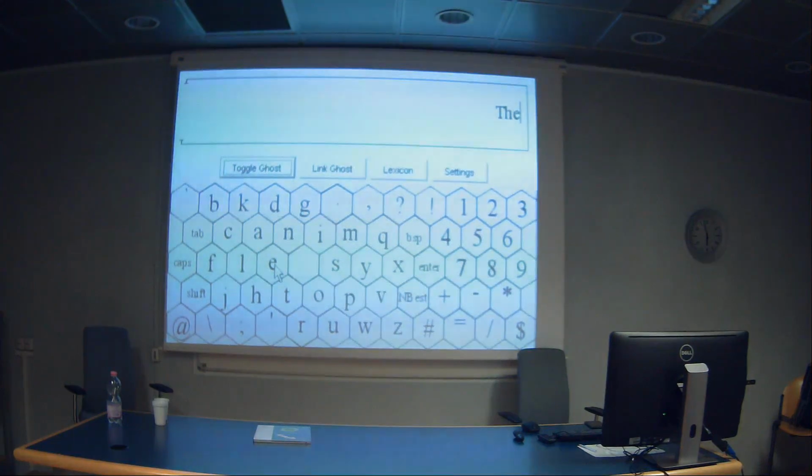A novice user can look at the keyboard and trace the letters of an intended word. Here the user is writing the phrase, "The quick brown fox jumps over the lazy dog."